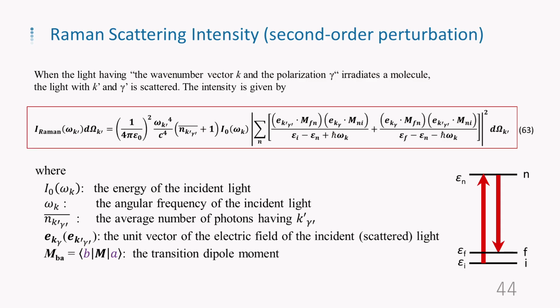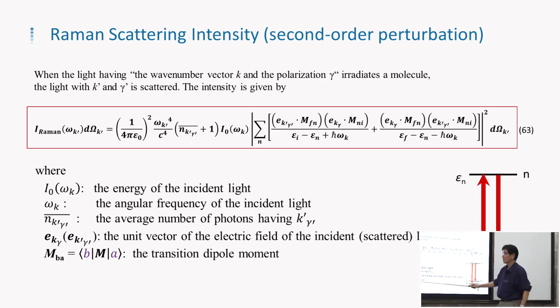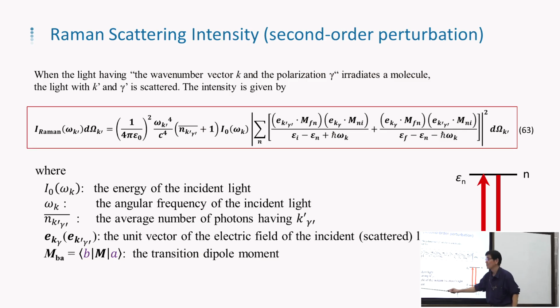E k gamma and E k prime gamma prime are the unit vectors of the electric field of the incident and scattered light. And again, M B A is the abbreviation of the integral of B M A. This is the so-called transition dipole moment from state A to state B.